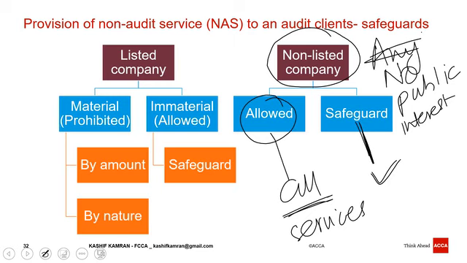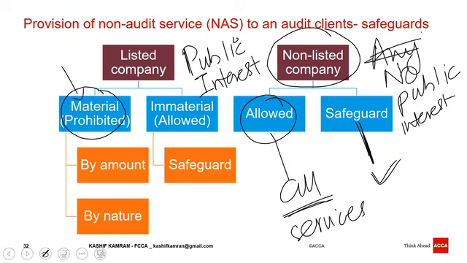But the case of a listed company is very difficult, because a listed company has a public interest. Public interest means things need to be more serious. If you're offering a service to a listed company and that service is material, now how you define material for a service, just wait for 2 minutes, I'll come back to it, but let me complete the flow chart first.